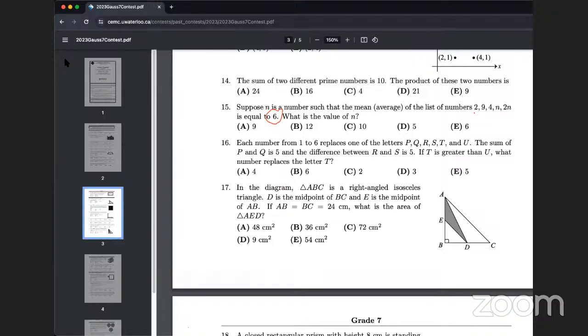Let's try 6. If we replace n with 6, then our numbers would be 2, 9, 4, 6, and 2 times 6 is 12. So let's add those numbers together. 2 plus 9 is 11, 11 plus 4 is 15, 15 plus 6 is 21, then 21 plus 12 is 33.